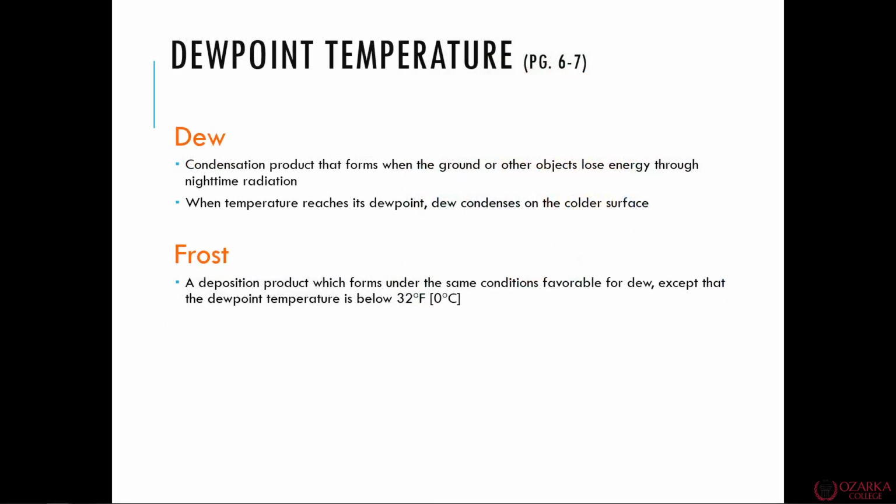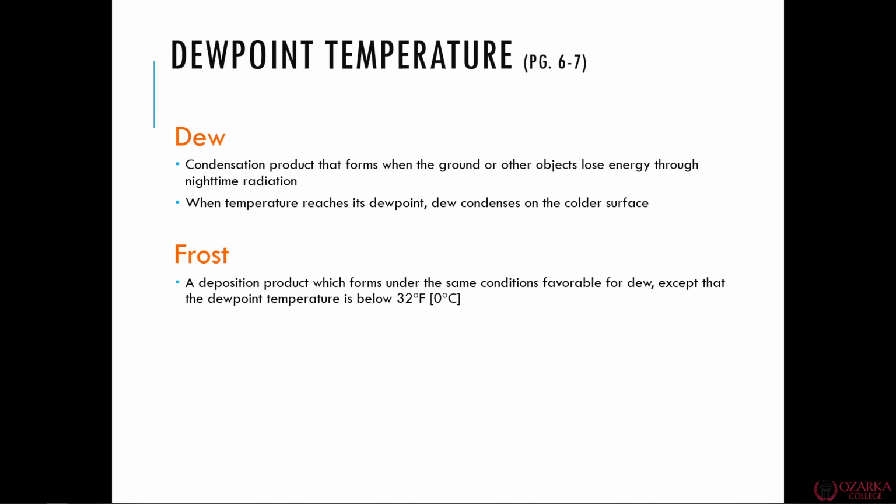So dew. Dew is a condensation product that forms when the ground or other objects lose energy through nighttime radiation. When the temperature reaches its dew point, dew condenses on the colder surface.